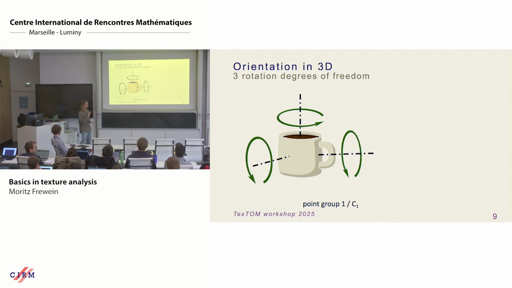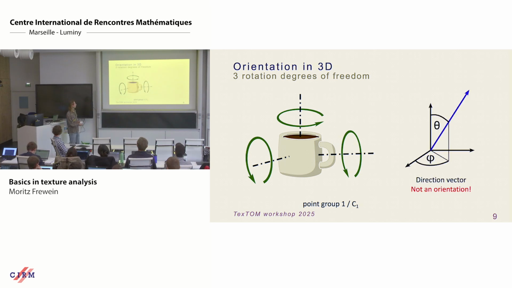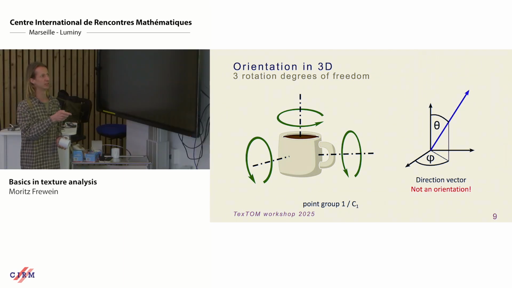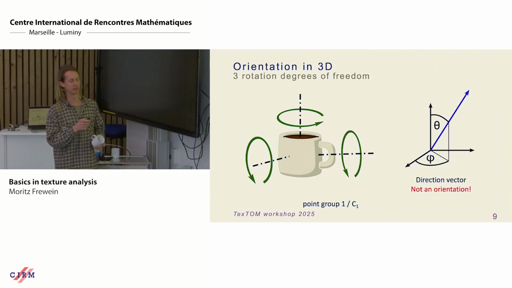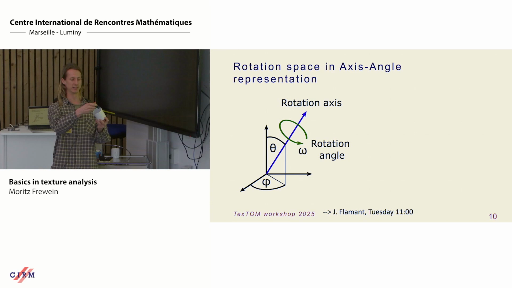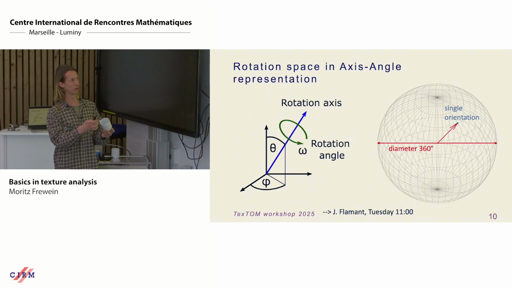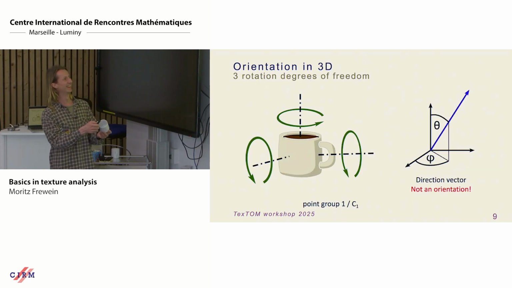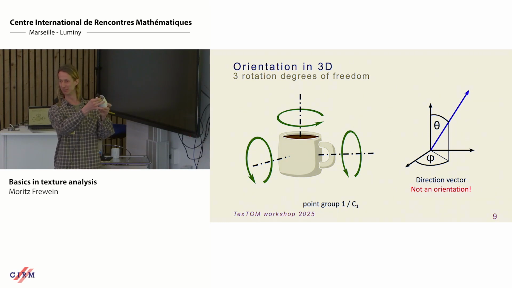And if we want to define now an orientation, what is important to notice, we cannot just define a vector, like for example here in standard spherical coordinates define a vector by 2 angles, because if it just points in this way, let's say, then it still has this degree of freedom, which is not defined by a single vector.